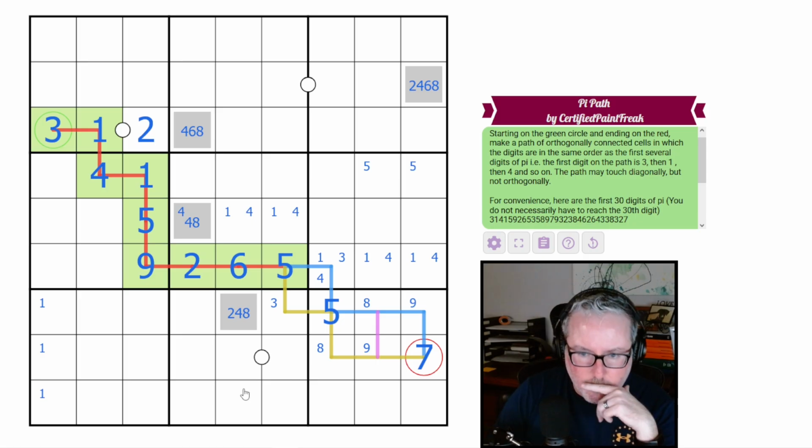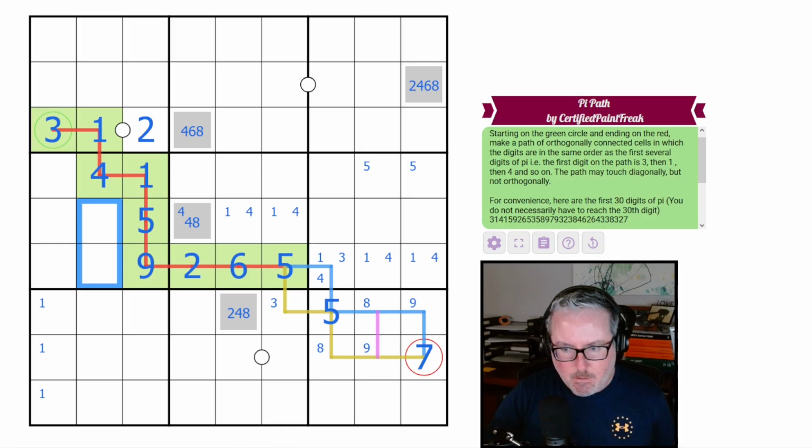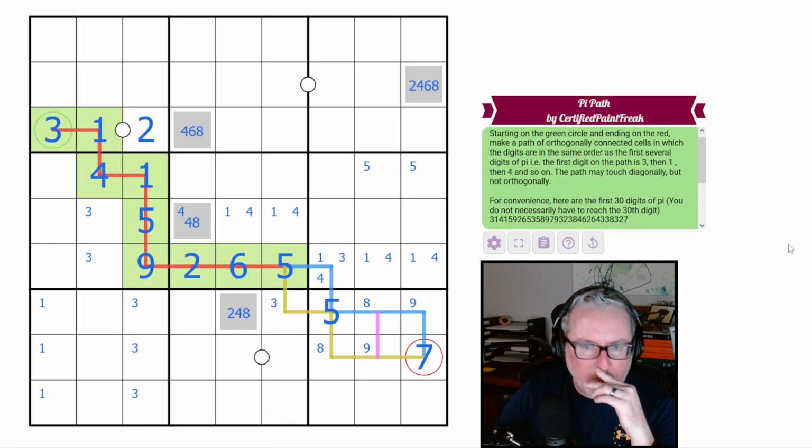What else do we know? These guys don't see quite enough to finalize them. One of these is a 3. Gonna have to work something out here.